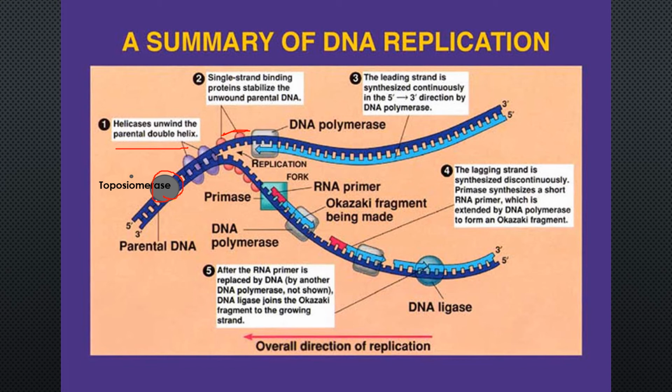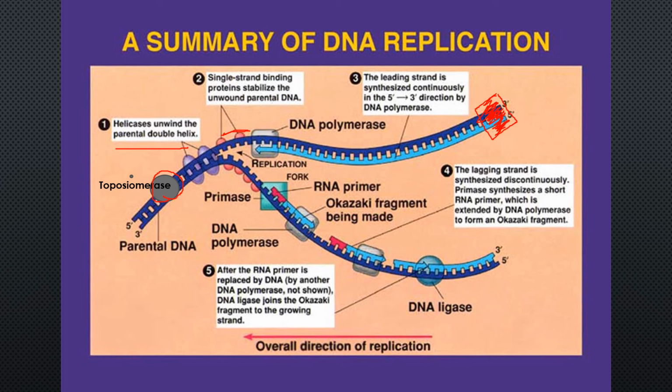And then our leading strand is synthesized continuously in the 5' to 3' direction by DNA polymerase. And actually what I don't see on here, which I should see, is there should be an RNA primer about right here. Okay, so we'll pretend there's one of those here. So RNA primase would have put an RNA primer right here.